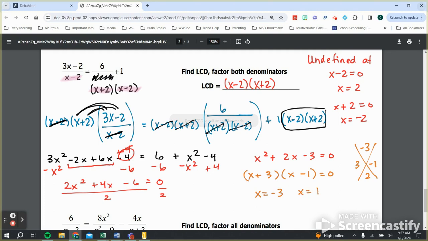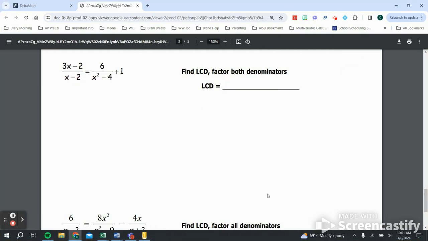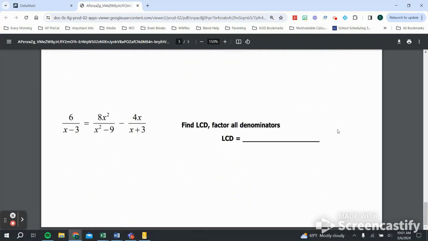Looking at where we're undefined, I see that these are both going to work out. All right, the last one we're going to look at here, let's go ahead and factor that denominator.